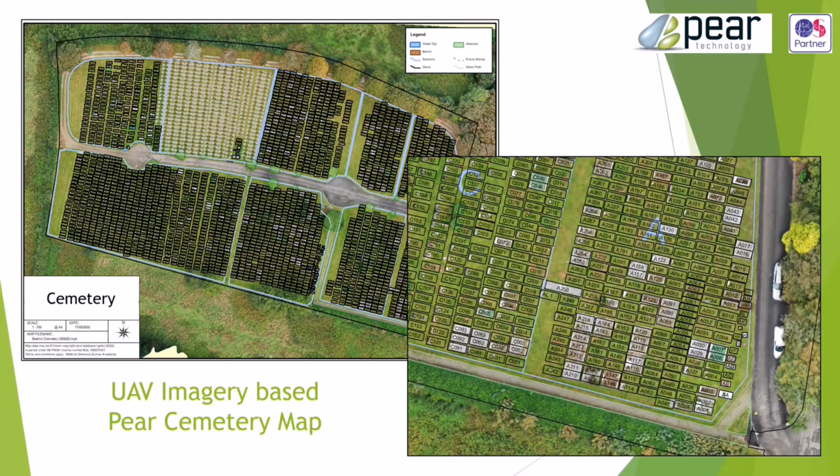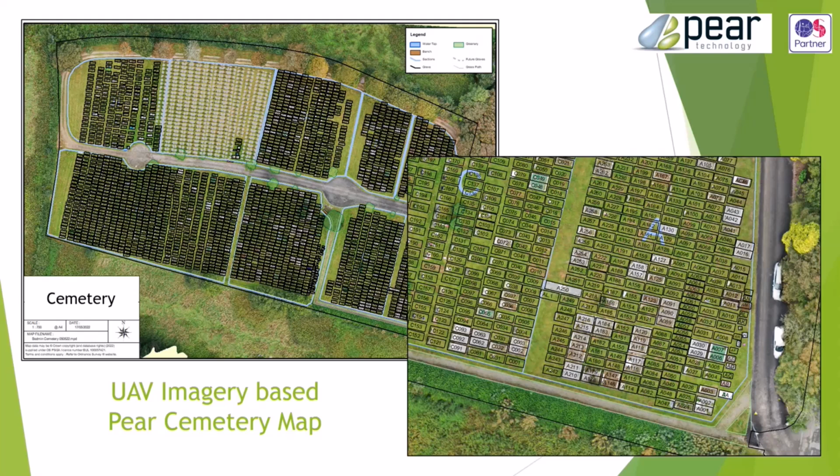So we pass all that information across. We've worked with the imagery, and we've digitized the plan. So we've digitized all the existing graves, and we've marked on new proposed sections as well. So that's ready for future use.